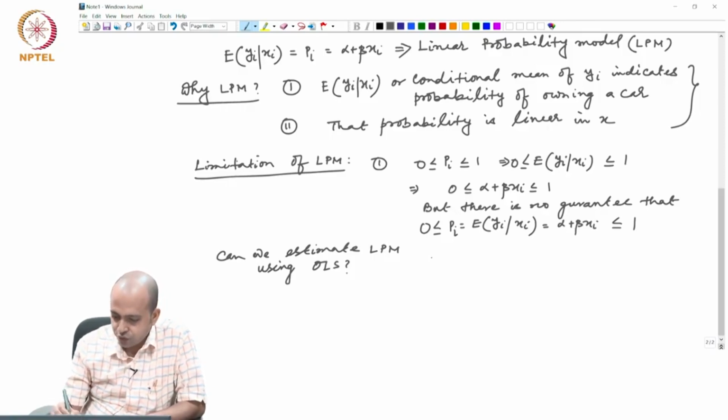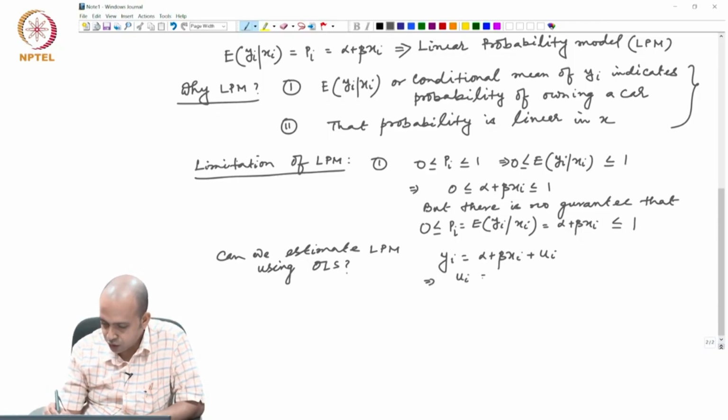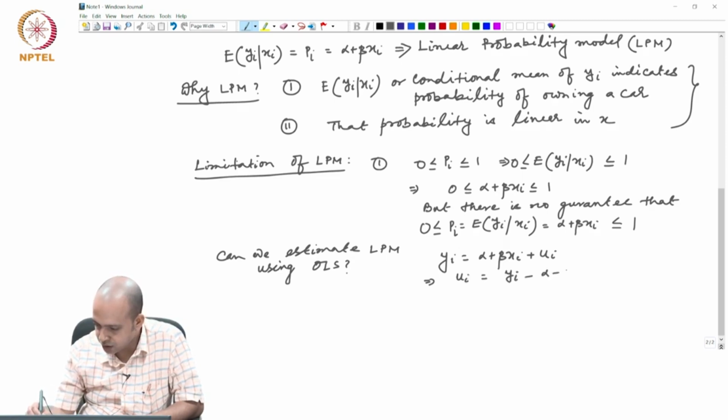Now, expectation of yi, that means the model what you are estimating, yi equals to alpha plus beta xi plus ui, and y will take only 1 and 0. So, from here we can say that ui equals to yi minus alpha minus beta xi.